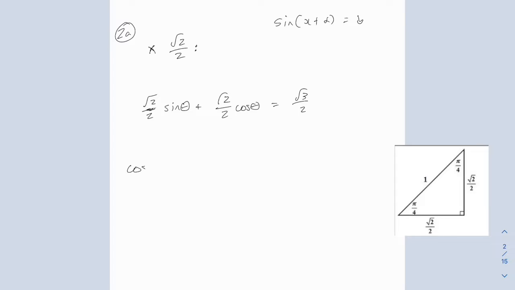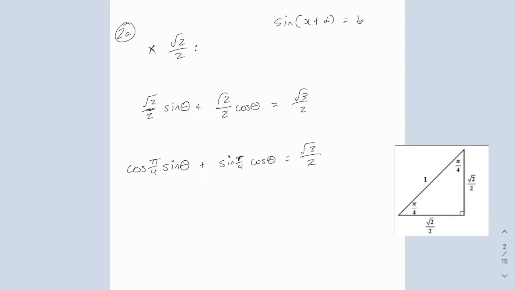So I can say cos pi over 4 sine theta plus sine pi over 4 cos theta. Okay, what's that going to equal? That's also going to equal square root 3 over 2. Okay, and now I can simplify this further.